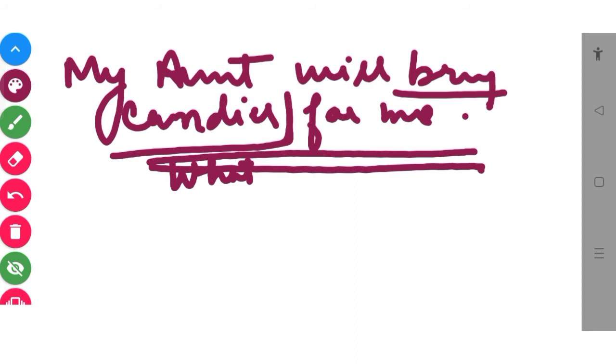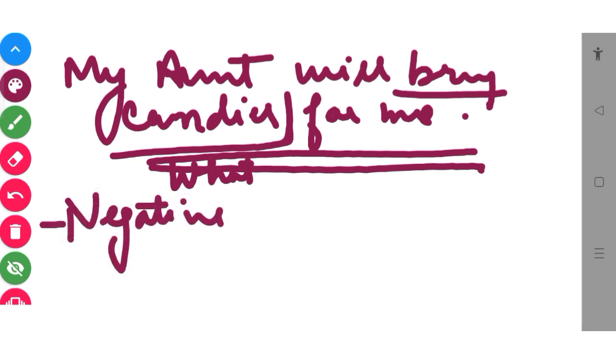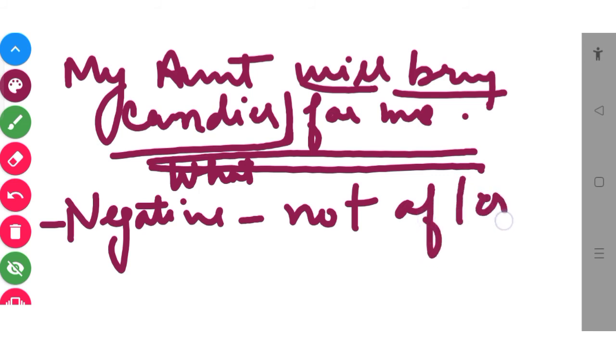Okay, then how to turn that into the negative statement? Simply you should remember one thing. In case of future indefinite, we have will and shall as our primary auxiliaries, and in case of that one, we simply have to apply the negative sign not after the primary auxiliary.